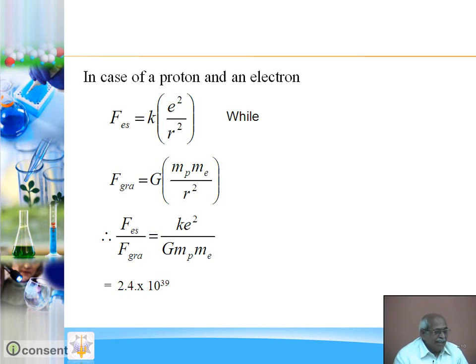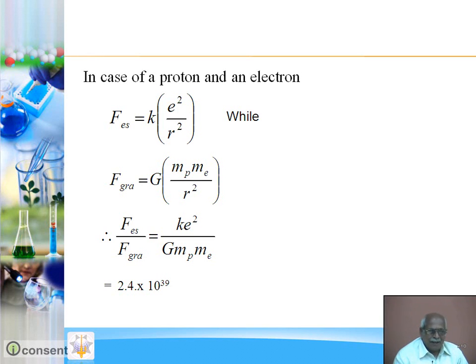I have written here, the ratio will be F_ES, electrostatic force, divided by F gravitational. After we divide the above two equations, what we get is K into e square divided by G m_p, mass of proton, into m_e, mass of electron. We can put the known values. Values of K and G were already seen.